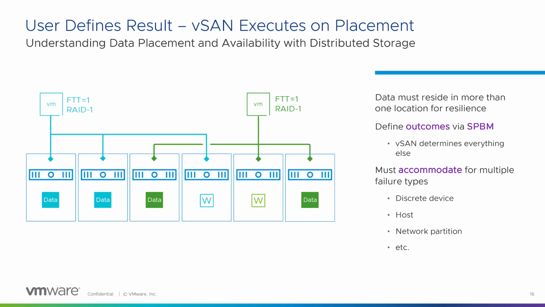So what does vSAN normally do? vSAN's job is to protect your data. We take your data, we create objects. What's an object? A VMDK is an object. A VMX file is an object. A vSwap file. Anything that you would normally see if you browsed the datastore and looked inside a VM's folder, the common attributes that make up a VM, vSAN understands what that file type is, and it can treat them differently.